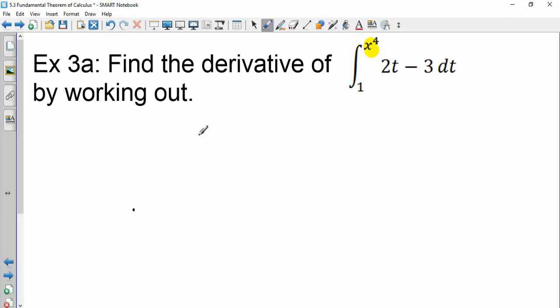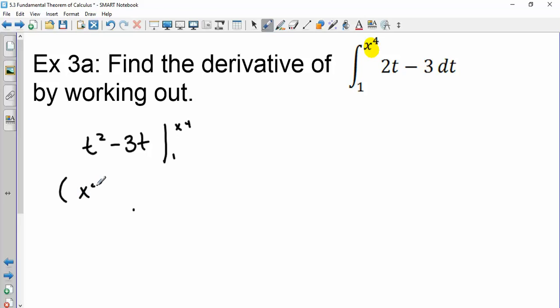So if I want to work this out, first I have to integrate. What is the antiderivative of 2t? T squared minus 3t from 1 to x to the 4th.